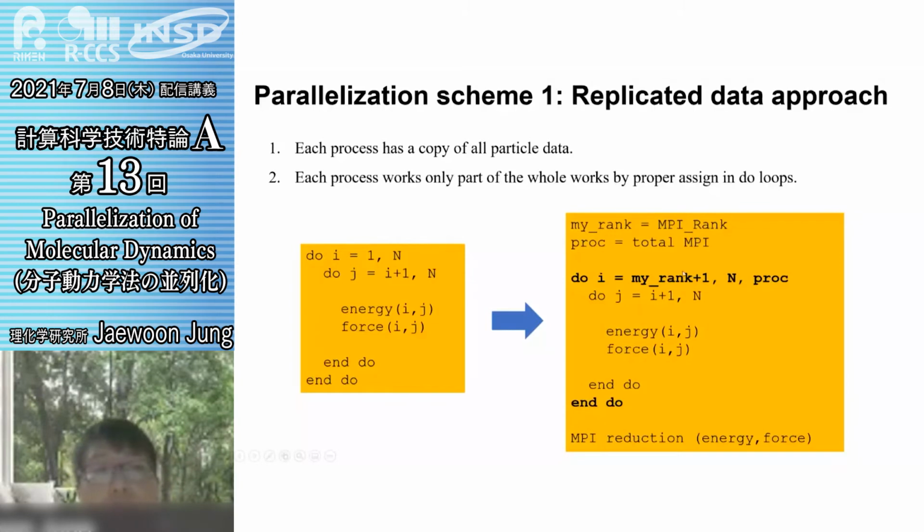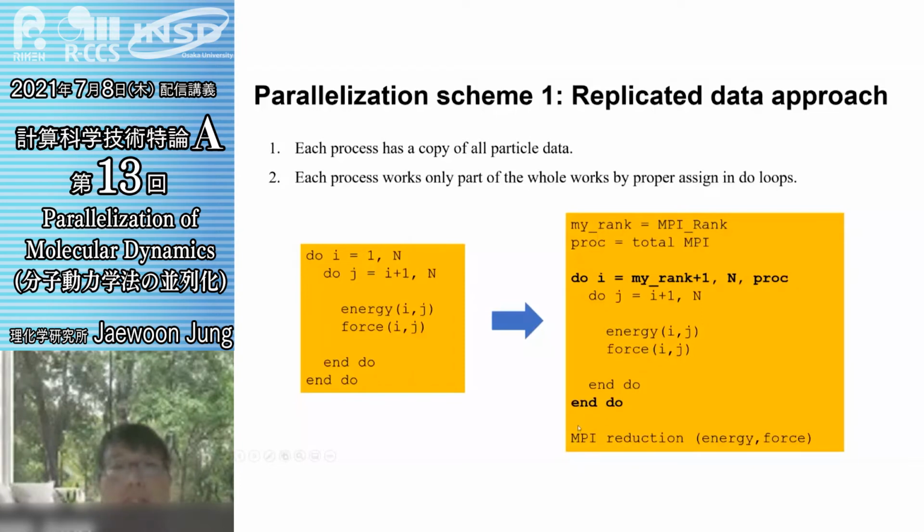We can just change this do loop in this way. Then we can reduce the computational cost of each MPI very easily. After doing this, we have energy and force data, only partial data.